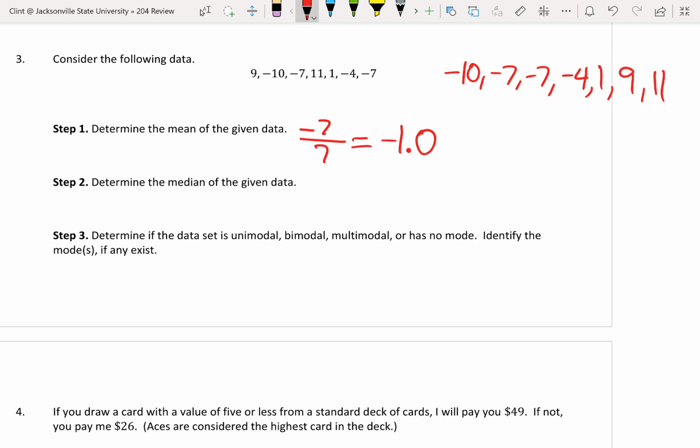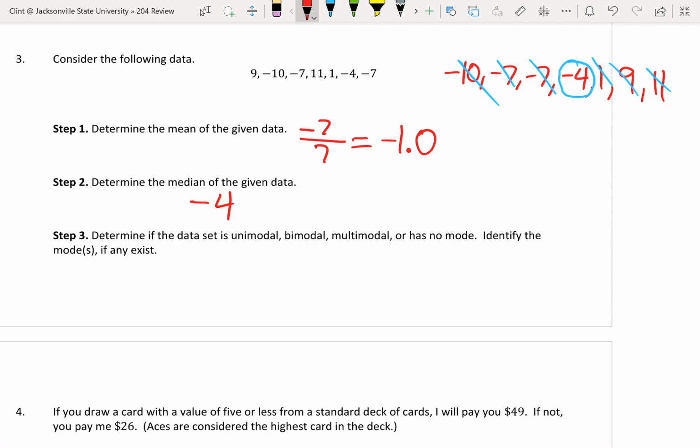Is that all? 1, 2, 3, 4, 5, 6. Then, yeah, we're looking for the middle. This one, our middle value is -4. What if we had 2 numbers in the middle? Add them up, divide by 2 if we've got 2.